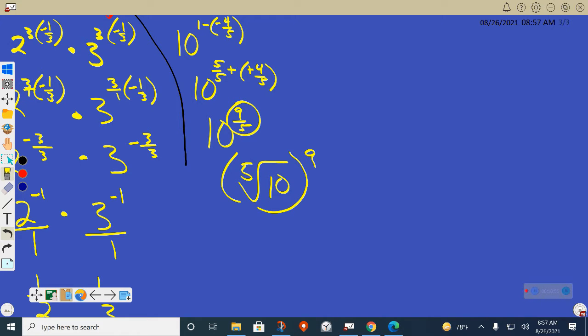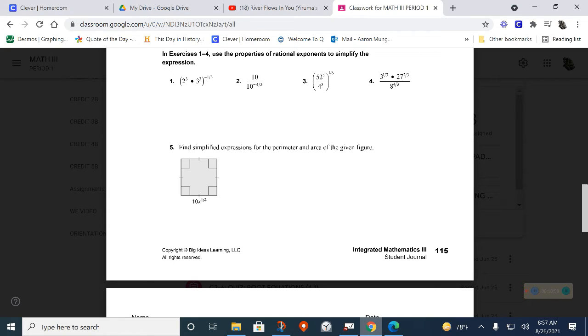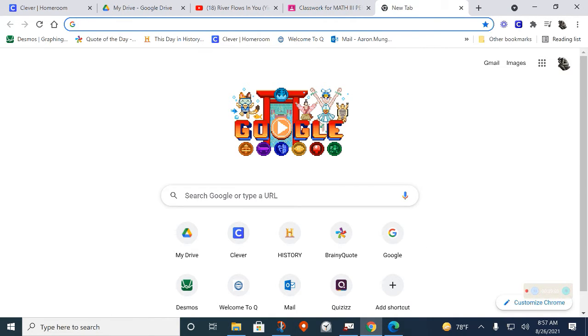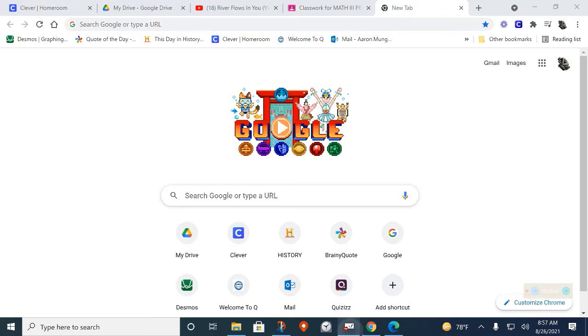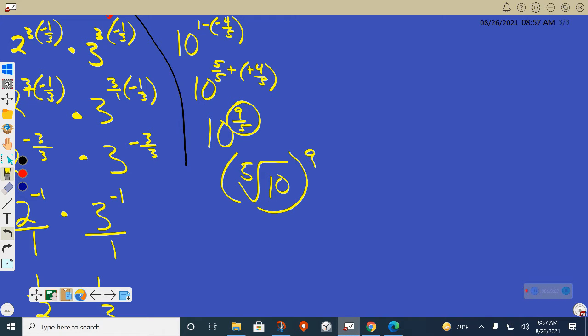5th root of 10 to the 9th power. That's easy sleazy. 63. So again, when I made this move from this to that, that's all Monday. You learned that on Monday.